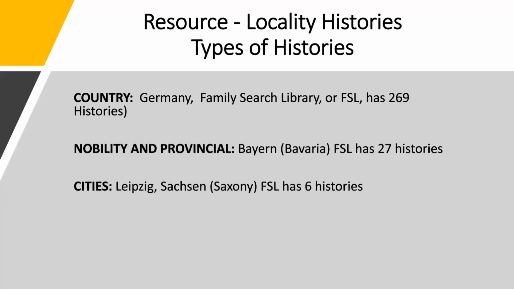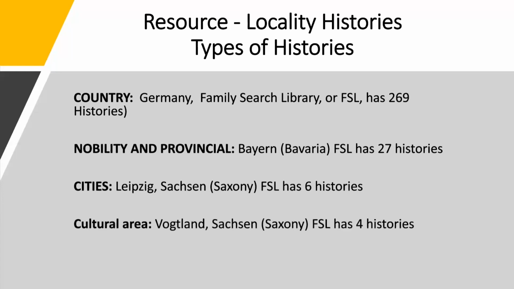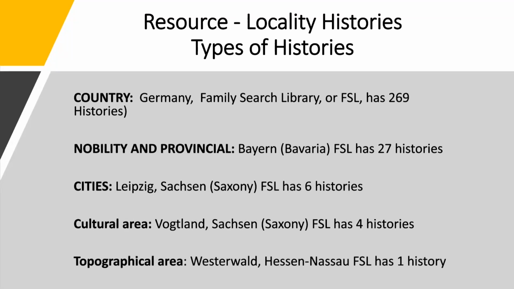For the city of Leipzig, there are 6 histories. For the cultural area, the Folkland, there are 4 histories. And for the topographical area of the Westerwald or Western Forest, there is 1 history. Be sure to check for histories for all of your locality areas.